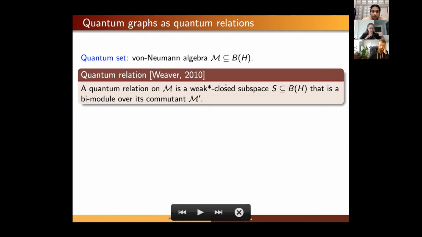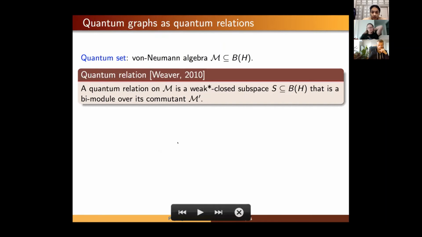One way of looking at quantum graphs is as quantum relations. In this case, a quantum set refers to a finite-dimensional algebra M, and a quantum relation on this quantum set is defined to be a weak-star closed subspace in B(H) that is a bimodule over the commutant of the quantum set M. The motivation for this definition comes from the classical case.